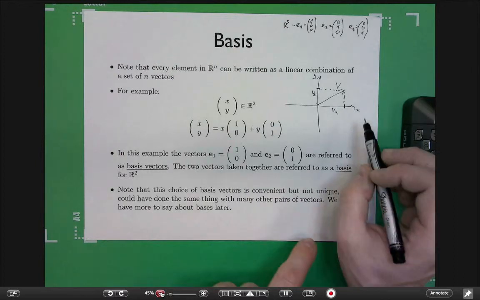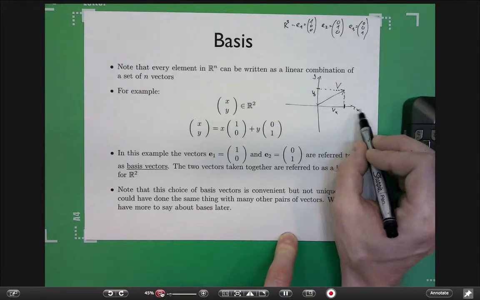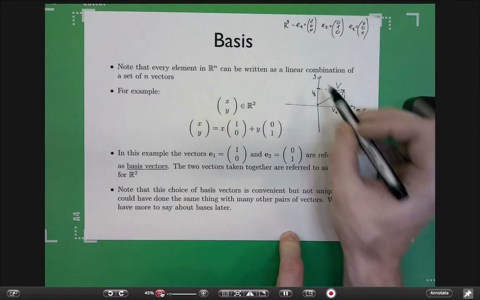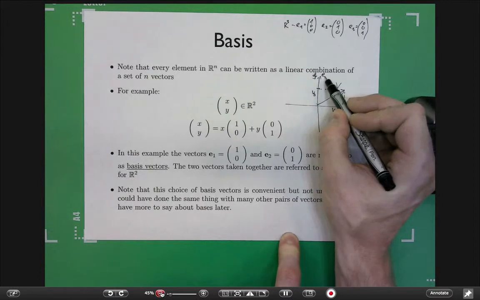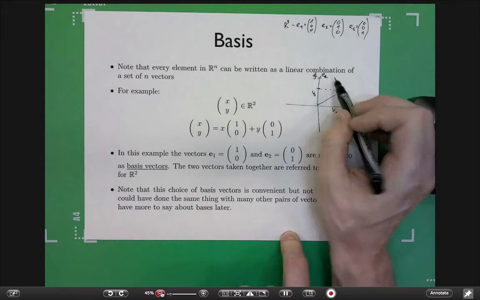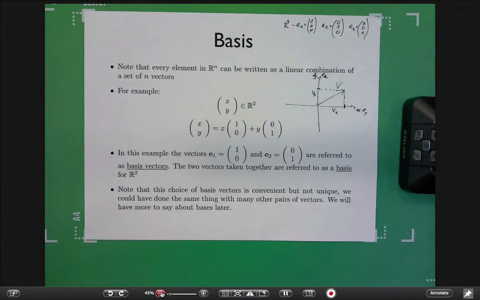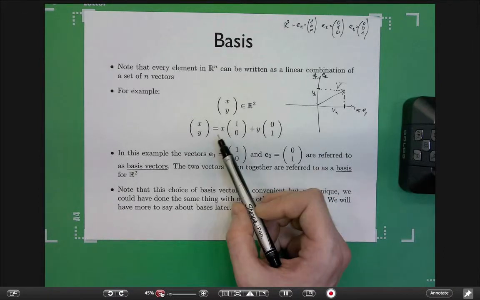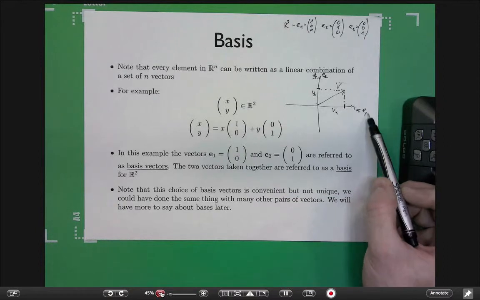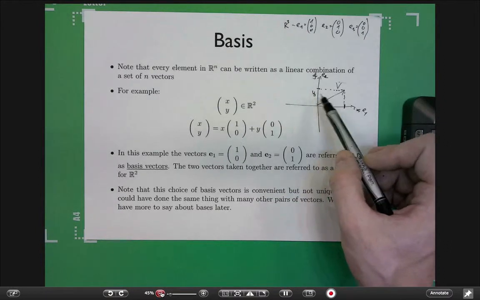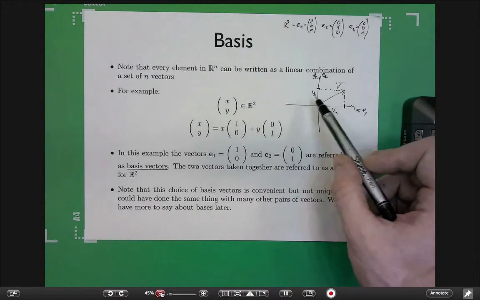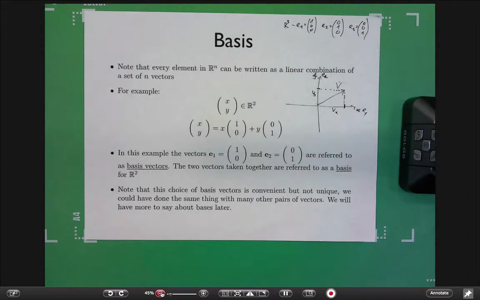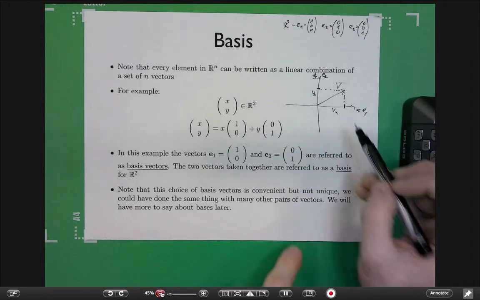Instead of calling this axis x, I can call it E1, and instead of calling this y, I can call it E2. In 100 dimensions I would run out of letters, so I better give them numbers. Then this v_x or v_1, whatever you want to call it, is the scalar that multiplies the first basis vector, and v_y or v_2 is the other scalar which multiplies the second basis vector. If I do this, I get back my vector v.